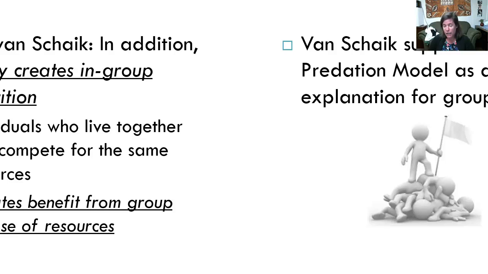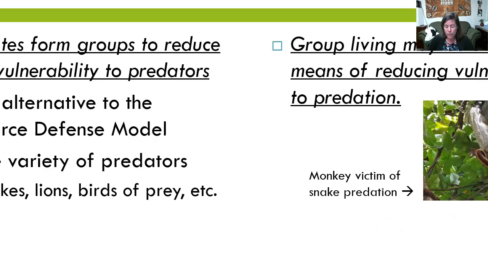So Van Schaik argues that instead of resource defense accounting for why primates live in groups, predation is why primates live in groups. And this is the predation model. He argues that primates form groups in order to reduce their vulnerability to predators.